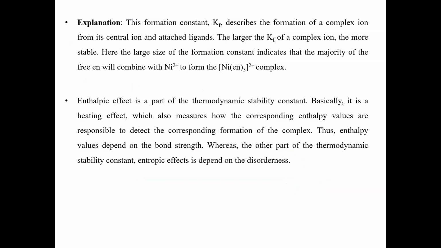The formation constant describes the formation of a complex ion from its central ion and attached ligands. The larger the Kf of a complex ion, the more stable it is. Hence the large formation constant indicates that the majority of the free ligand will combine with the metal atom to form this complex. The second one, the enthalpic effect, is a part of the thermodynamic stability constant.